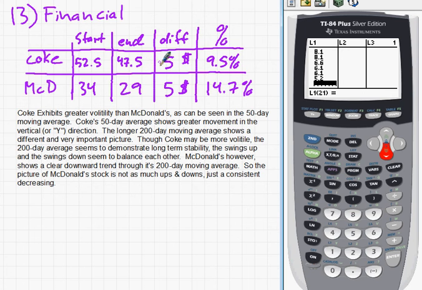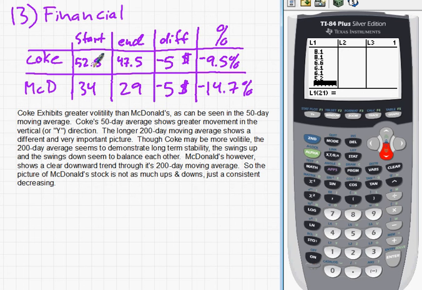And I subtracted, and these are actually negative because it's going down. And we have, it went down $5. And in fact, McDonald's went down by $5 also, which is kind of interesting, approximately.